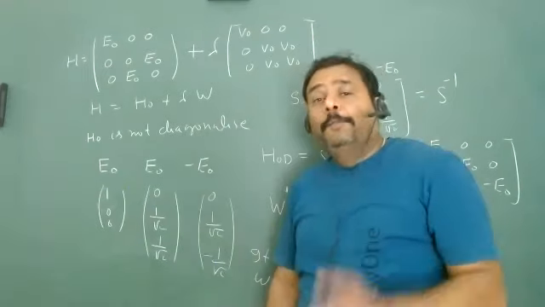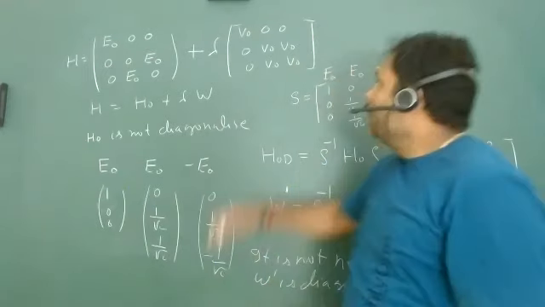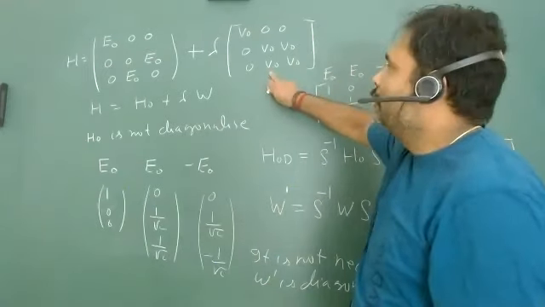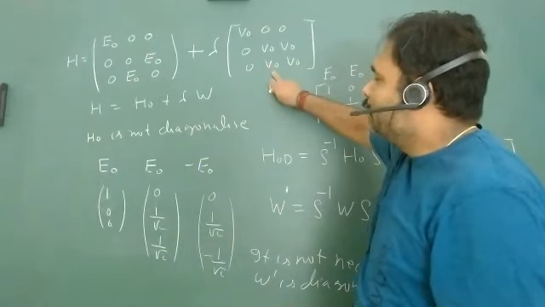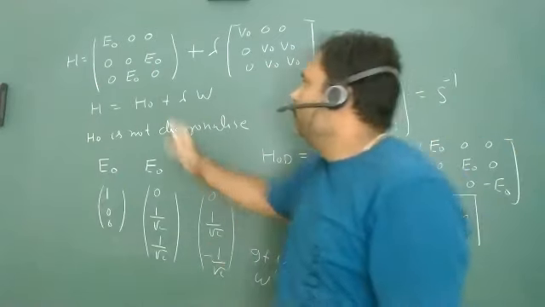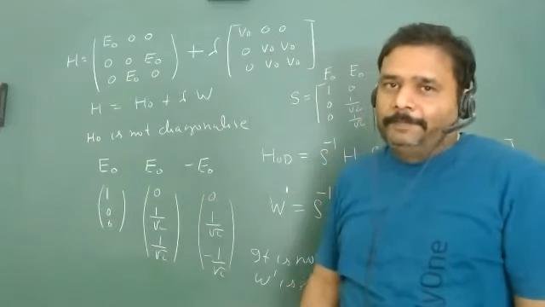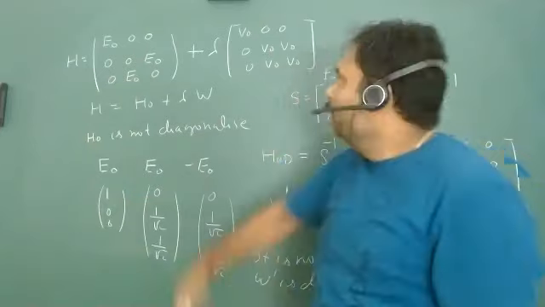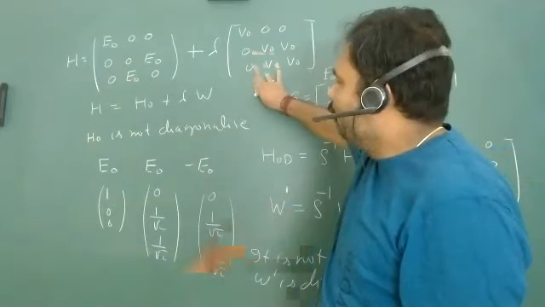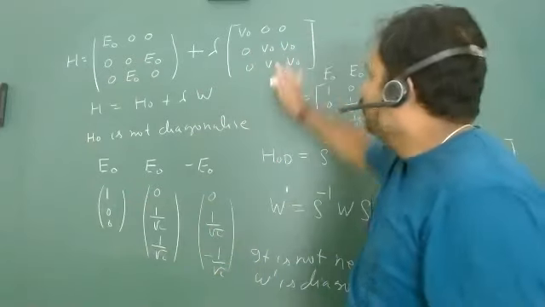Why? Because the eigenvector of H naught, sorry, eigenvector of W dash will also be eigenvector of H naught. This is so fortunate that eigenvector of this matrix will also be eigenvector of this matrix.